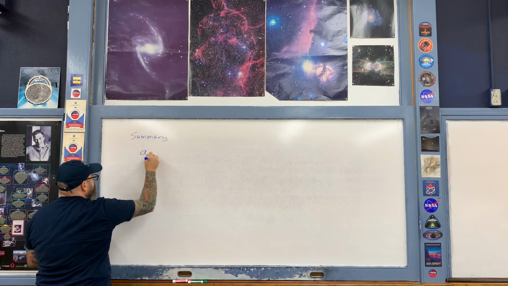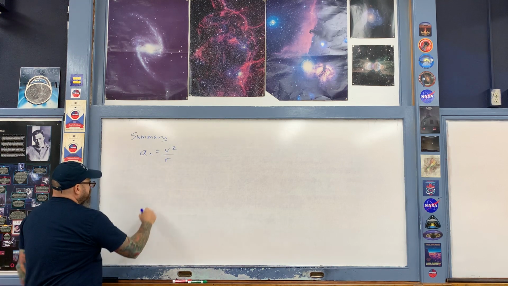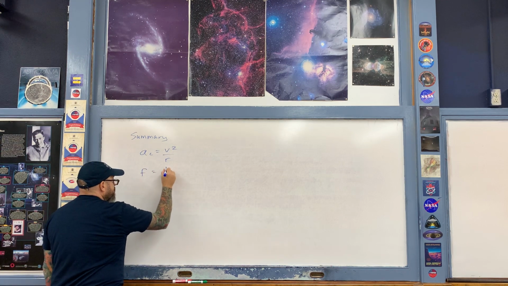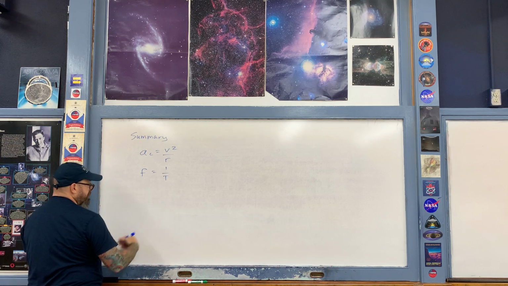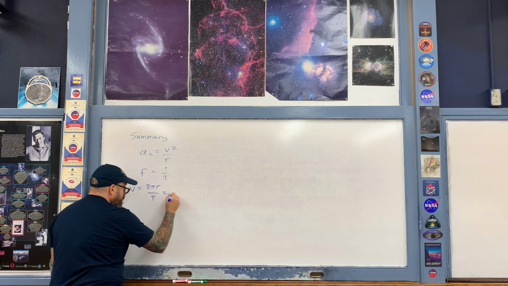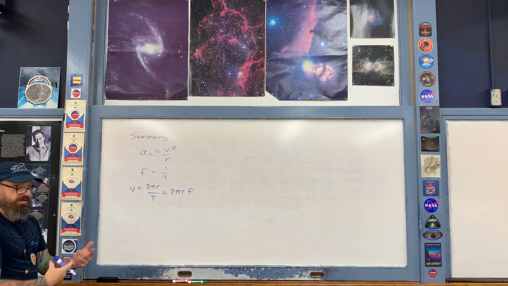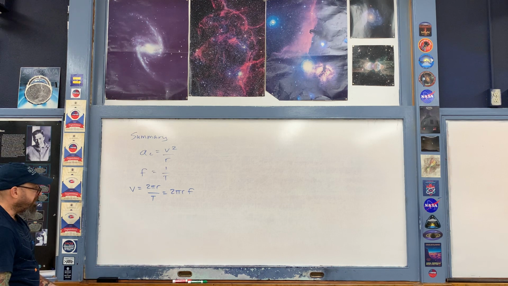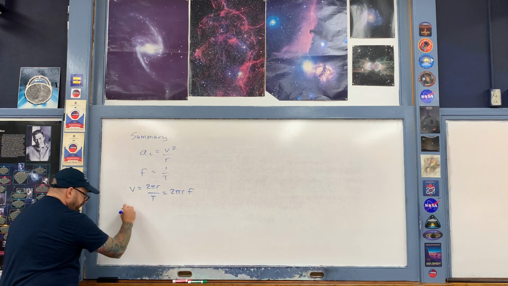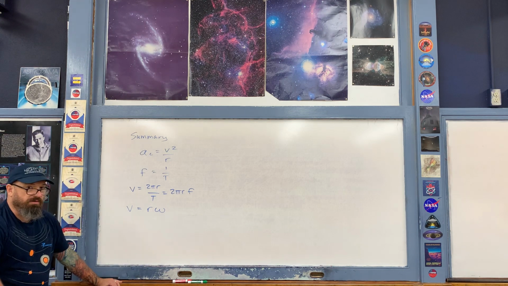We first of all have the centripetal acceleration, which is the speed squared divided by the radius. We have the definitions of the frequency and period and their inverses of each other, and then speed equals circumference divided by period, or equivalently circumference multiplied by frequency. And now we've got this new quantity, the angular speed omega, which is related to the linear speed v through this last expression. V equals r omega, like so.